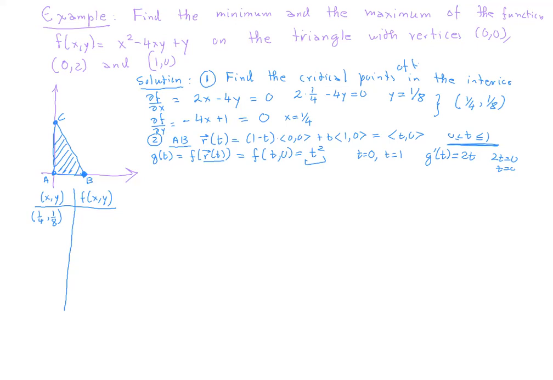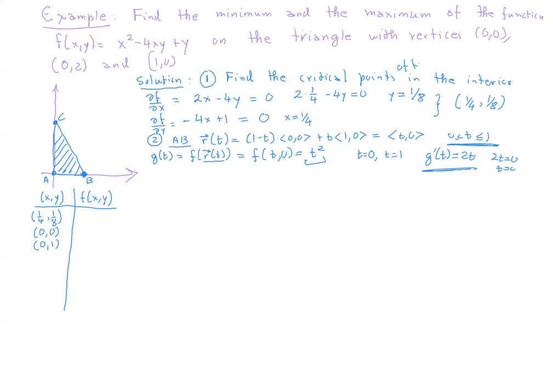So what I'm going to put here is 0, 0, and 0, 1. And as we're going to see, in this process, always the vertices that you have on the boundary, if you have a polygon, for example, they will always go into the table. But you might also find other points of interest by just setting the derivative equal to 0.